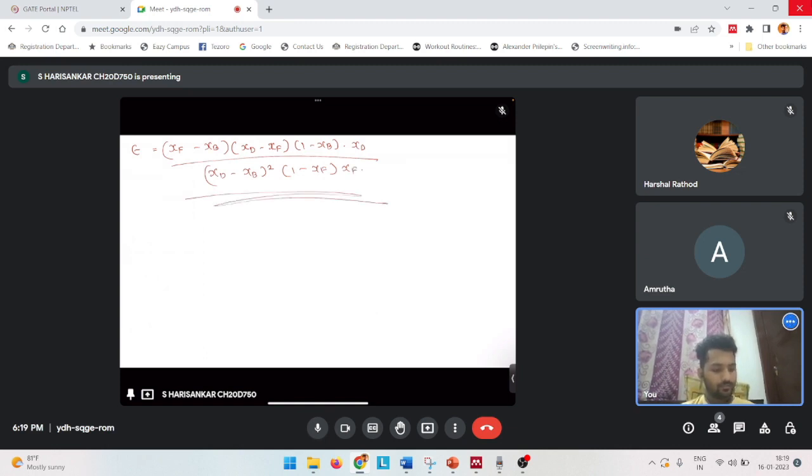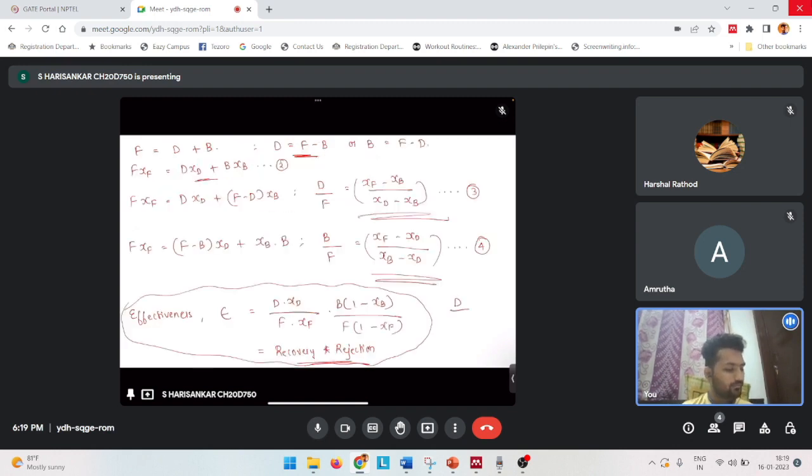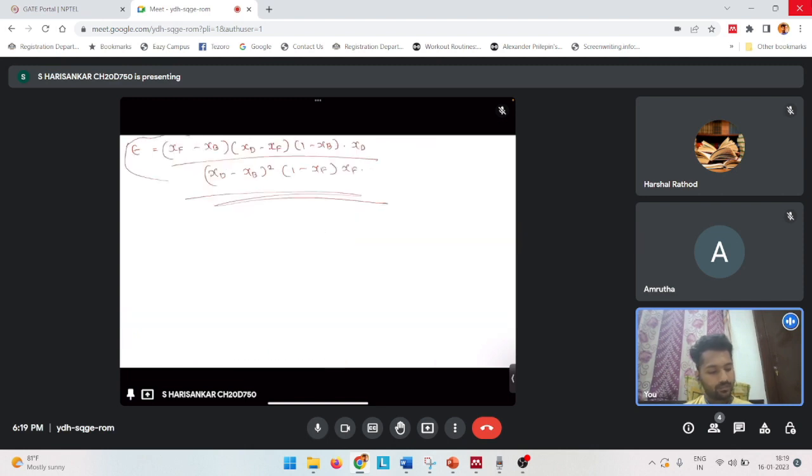Here we did nothing but substitute for D by F and B by F in this equation using equations 3 and 4. And when we substitute that, we get this elaborate equation for the effectiveness of a screen.